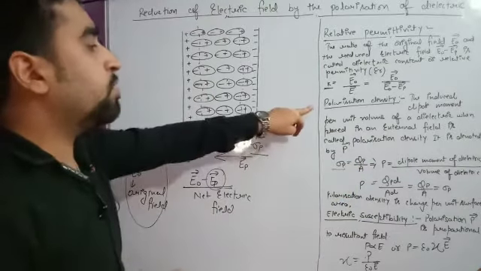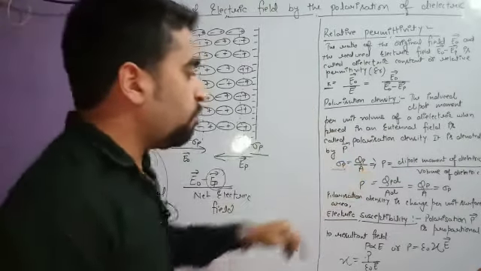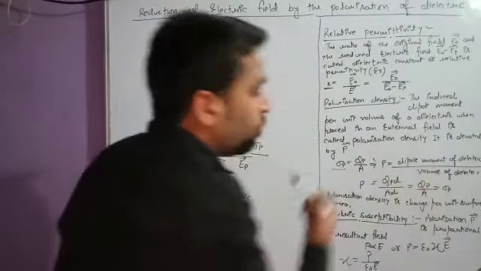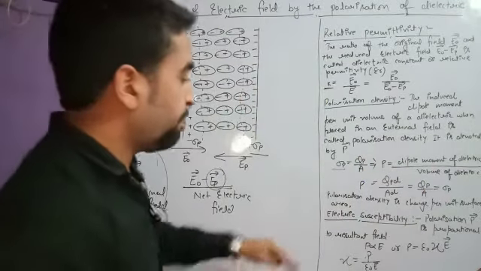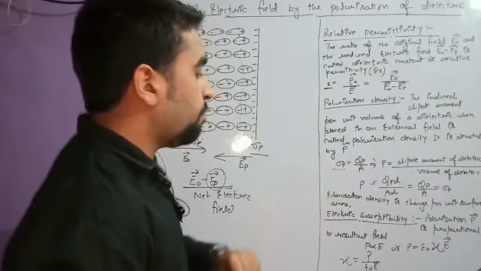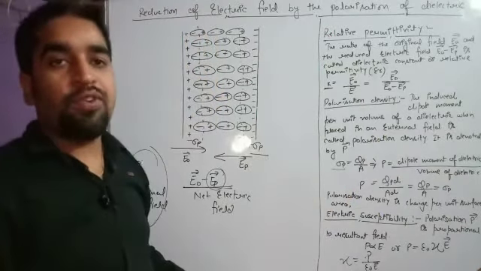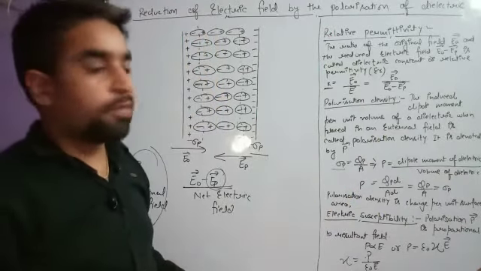Now students, polarization density is dipole moment of the dielectric divided by volume, dipole moment per unit volume. So P is equal to dipole moment. What is the dipole moment formula? We already know, charge into distance between the charges.